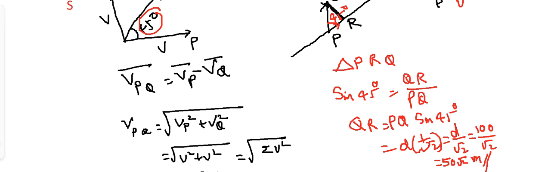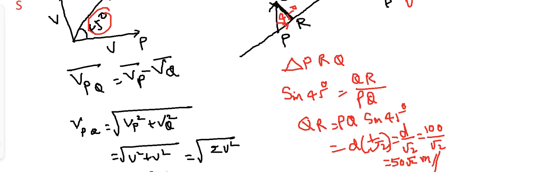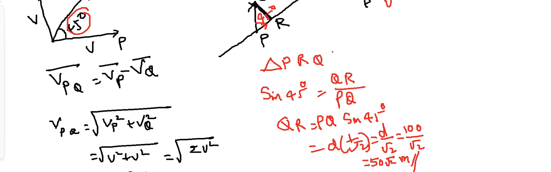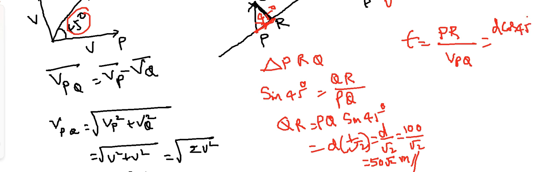Also, we have to calculate the time. So what is the time? It is the time taken for P to move from P to R. This time I am interested in. So time is given by the distance PR divided by the relative velocity of P with respect to Q. Again from the figure, PR is nothing but D cos 45.